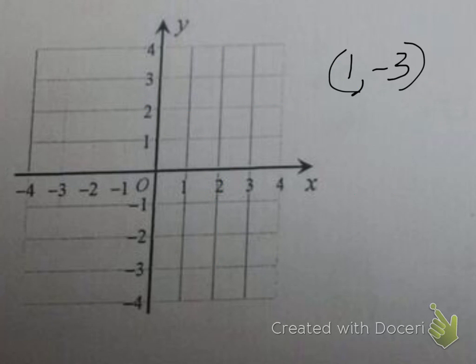Then for (1, -3), we're going to go over 1. So once again, we go over 1, and then negative means we go down 1, 2, and 3 places. So that's going to give us a spot right here. And once again, with this, we can always say X, then Y, so they go in order.